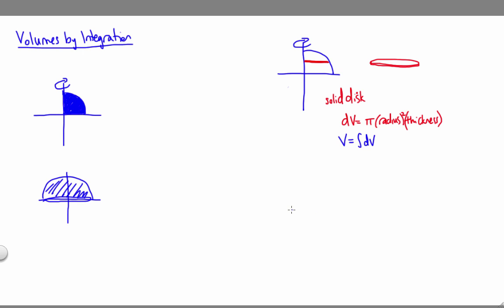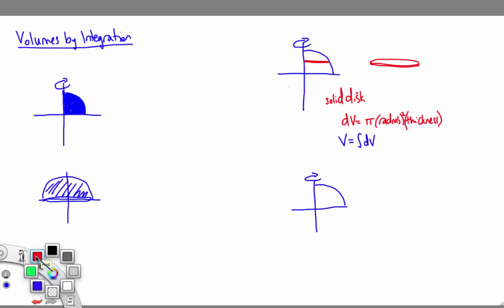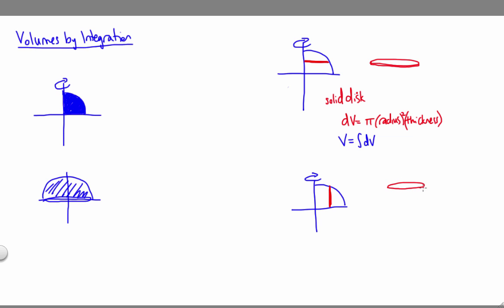Now here's a second way to calculate the volume. So again, we could think about our area, think about the axis that we're revolving around. And we could take a slice parallel to the axis that we're revolving around. Now if we revolve this slice around our axis, again we're going to be creating sort of a circular shape.